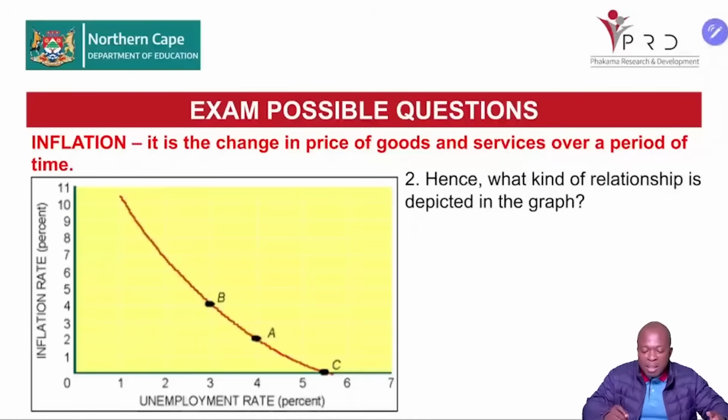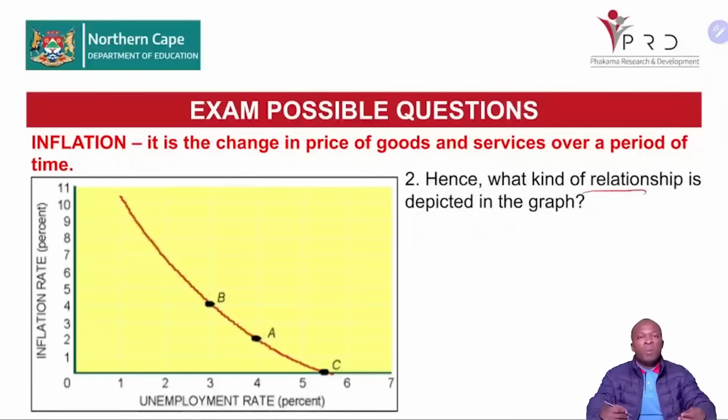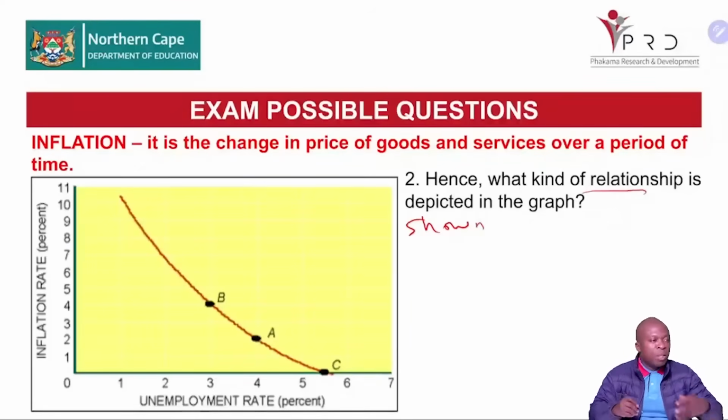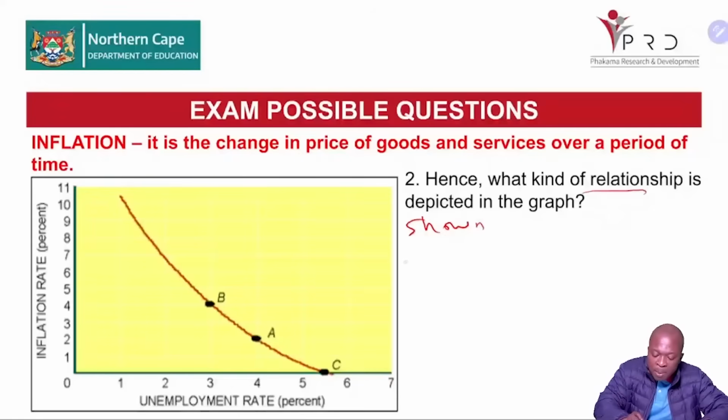So what basically is happening here is that one value is becoming bigger, the other one is becoming smaller. That's why the examiner is asking you, what kind of relationship is depicted? Depicted means is shown here. What kind of relationship is shown? We're talking about what? Inverse or indirect relationship.